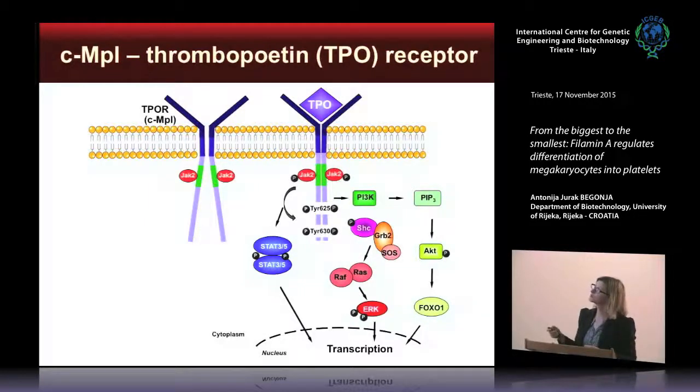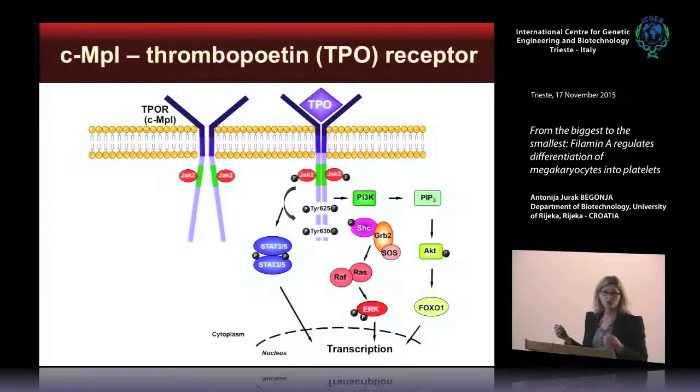So upon binding of thrombopoietin, 2 cytoplasmic domains come closer, which activates JAK2, which is being autophosphorylated, and it phosphorylates tyrosine residues within CMPL receptor. So this triggers signaling cascade to activate STATs 3 or 5 and activates PI3 kinase pathway and also ERK kinase, and all these signals are being transferred to the nucleus and drive transcription towards differentiation of megakaryocytic lineage.